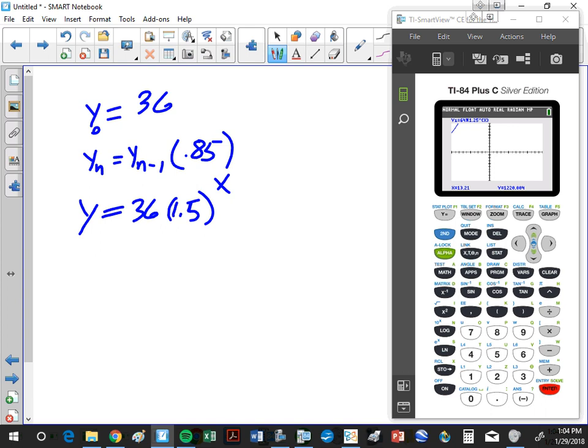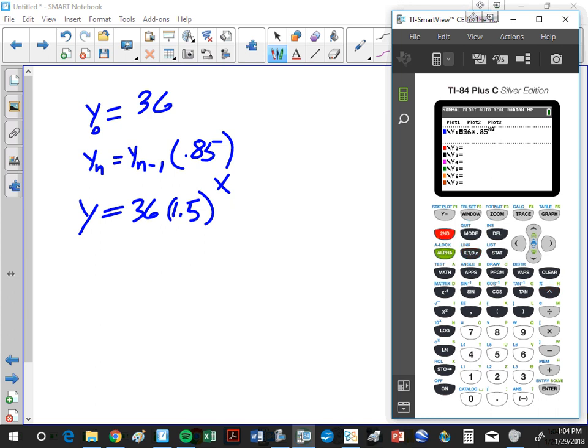All right. How would you find 4 weeks? You'd plug 4 in for x. How would you find 8.338 acre feet? We would need to put the equation in our calculators: 36 times 0.85 raised to the x.